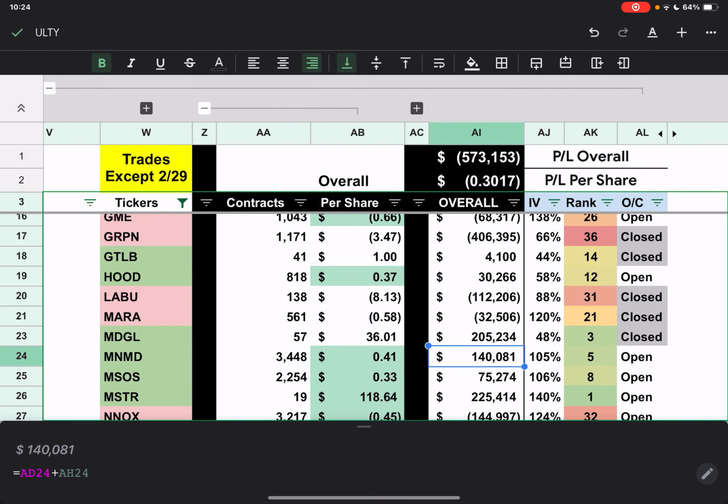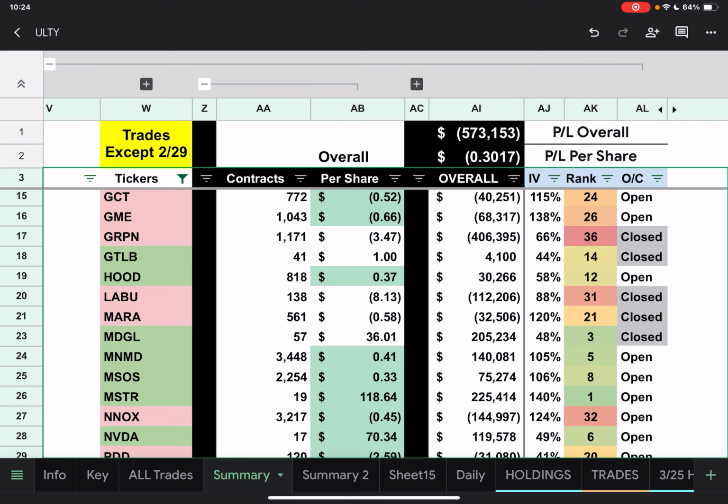But now I just got finished talking about having an easy comparison, and then here I'm ranking them by the overall. So I almost feel like I should have one there. But if you see right here, MicroStrategy has brought in the most money. And I'm looking, and per share, it was $118.